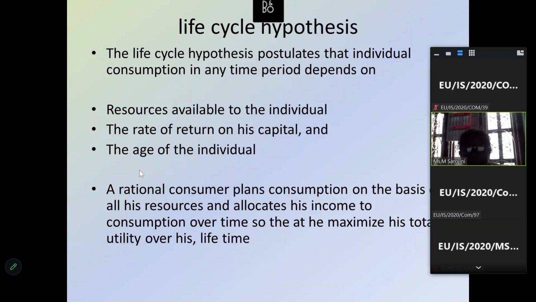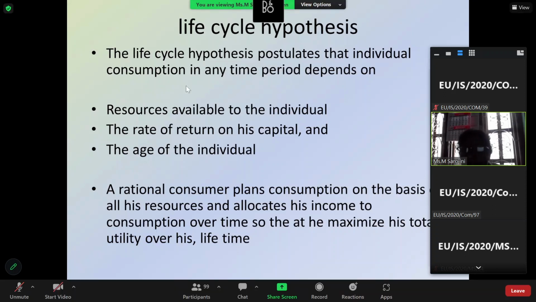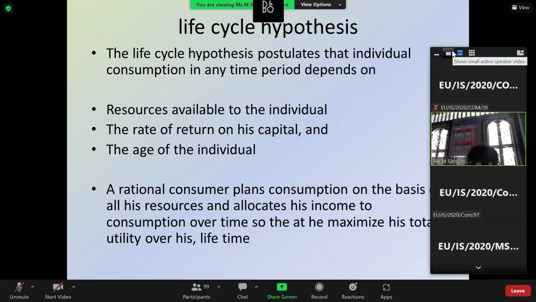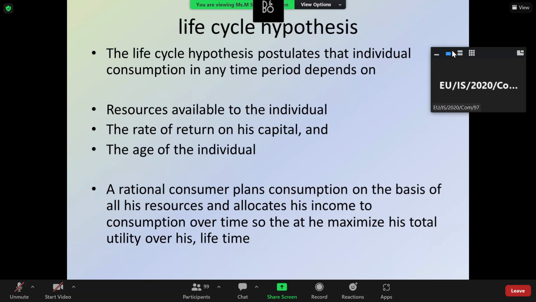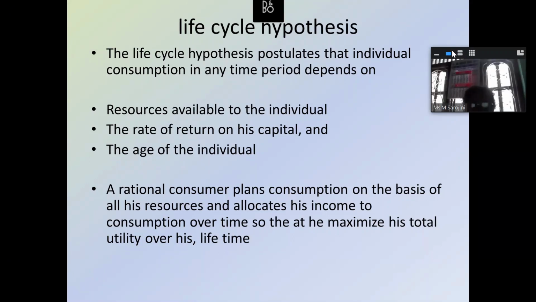A rational consumer plans consumption on the basis of his resources and allocates his income. That means once he enters the labor market, or once he tries to utilize his available resources in the present age, that will go on until his death.